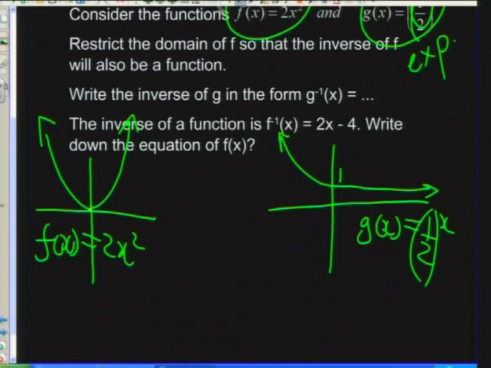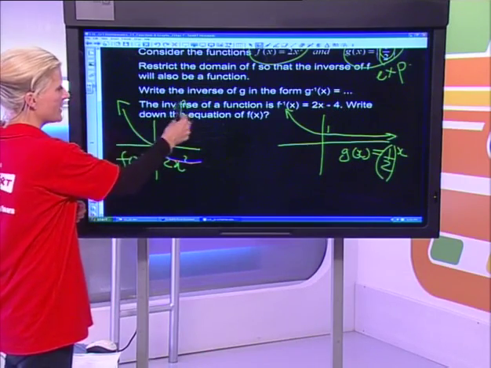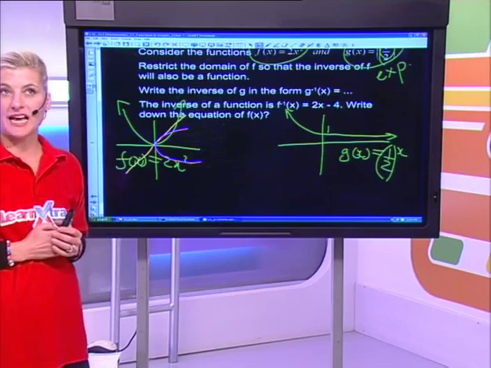Remember, inverses are symmetrical about the line y is equal to x. So if I were to draw this graph's inverse, it's going to look a little bit something like that. Okay, like the purple graph. Now, the original graph, my green graph, was a function because it passed the vertical line test.